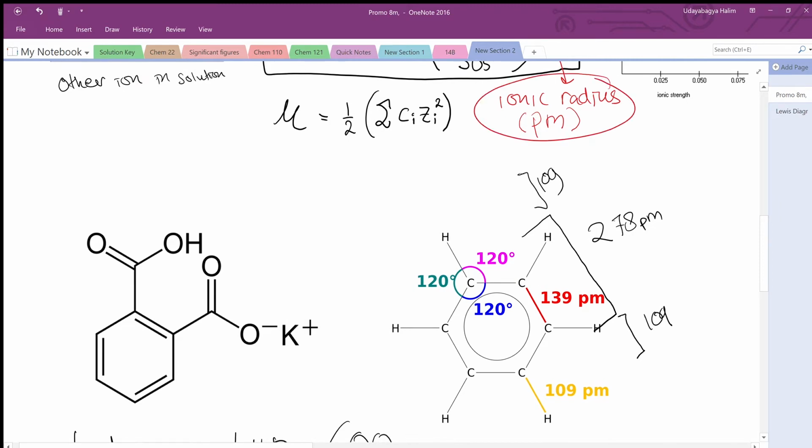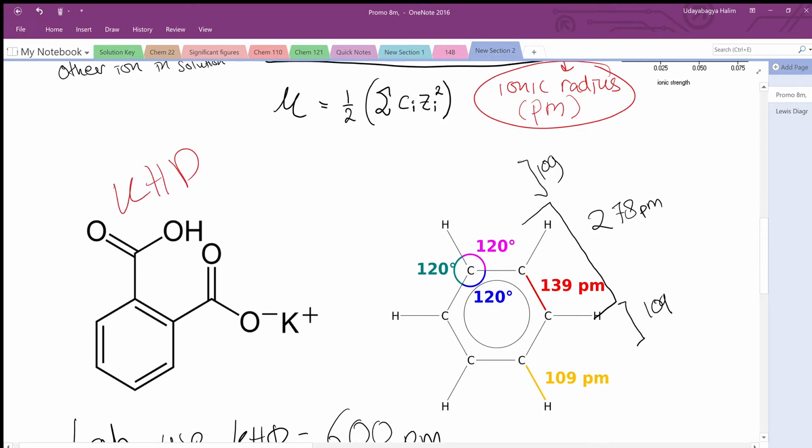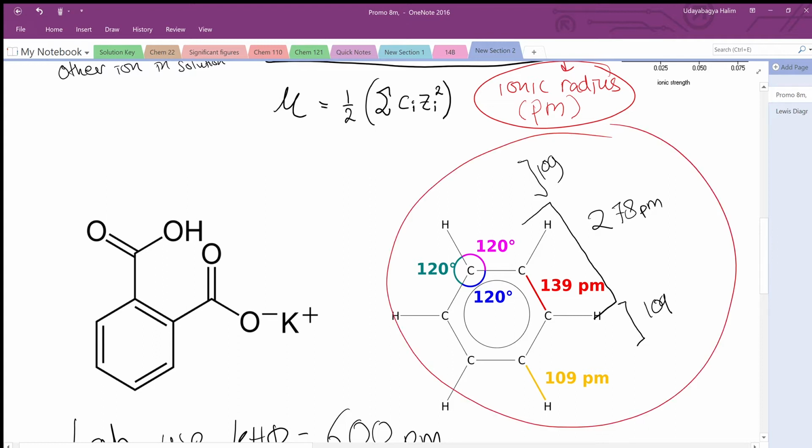The last thing I want to mention before the actual calculation is the ionic radius itself. This is your KHP molecule, and these are some of the geometrical sizes. For example, a benzene molecule has a hydrogen sticking out, so the carbon-hydrogen bond is 109 picometers, and the carbon-carbon bond is 139.